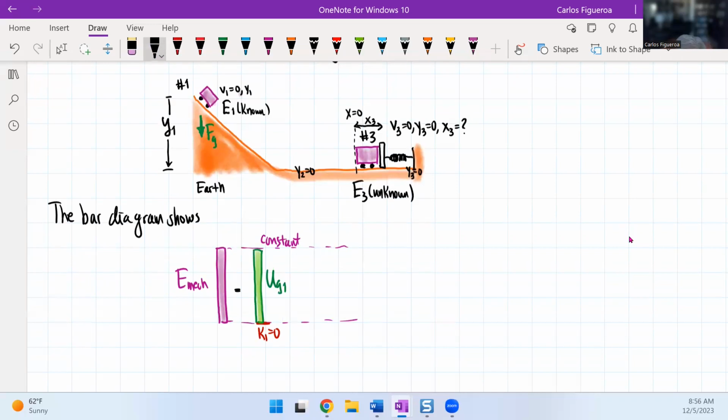When I get all the way to energy state 3, all of this energy is now in the form of spring potential energy, because at this state the kinetic energy is 0, and the gravitational potential is also 0 because y3 is 0.